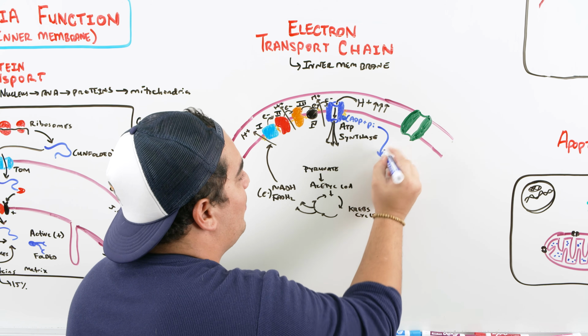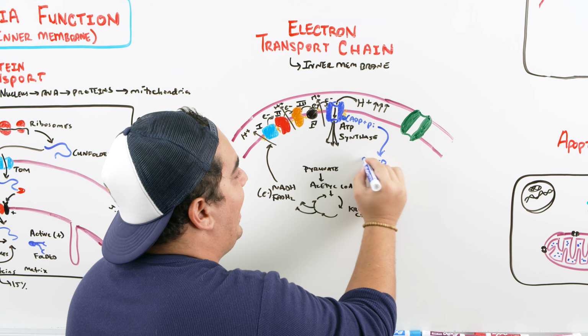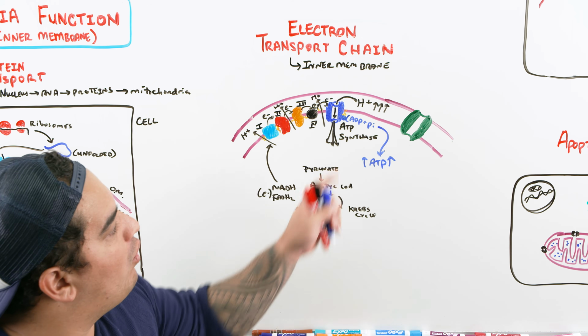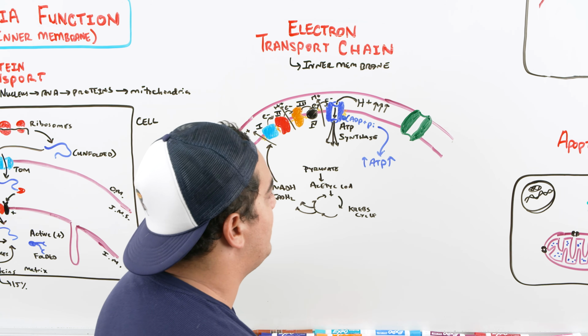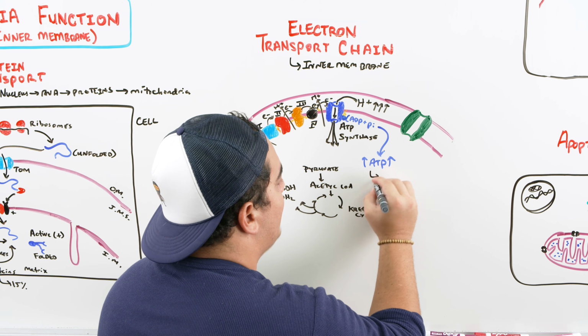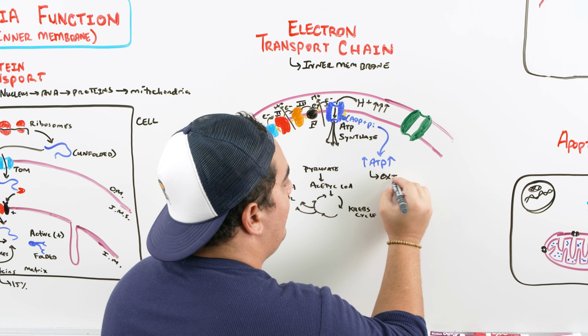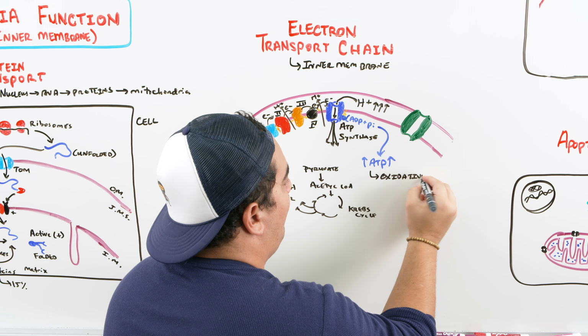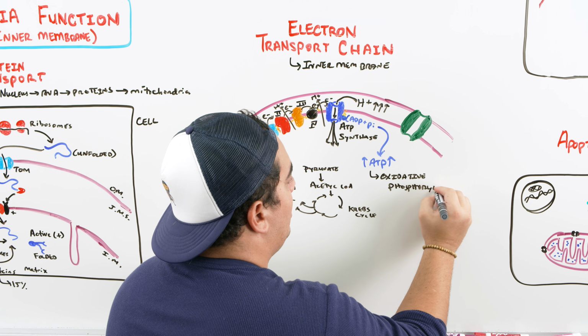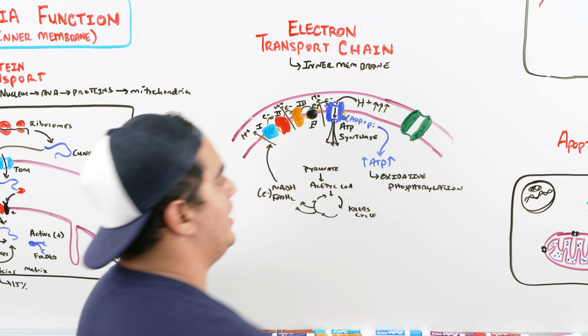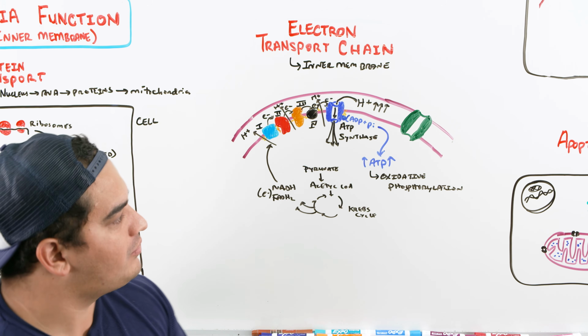And then it releases it in the form of ATP. And this process where we make ATP via the electron transport chain is a very specific type. We call this type of ATP production oxidative phosphorylation. So a really key component here that's happening in this particular inner membrane.